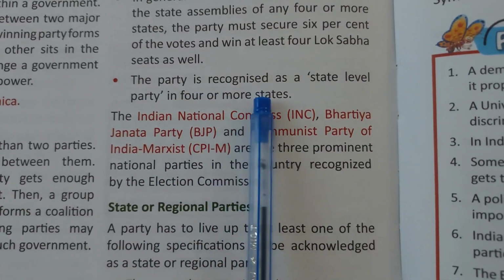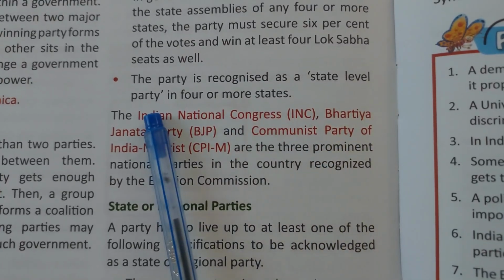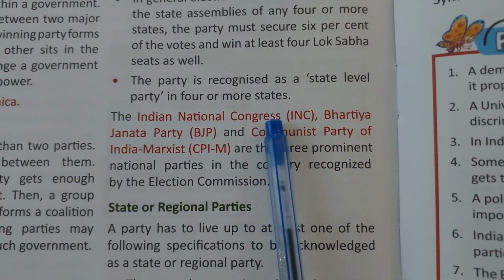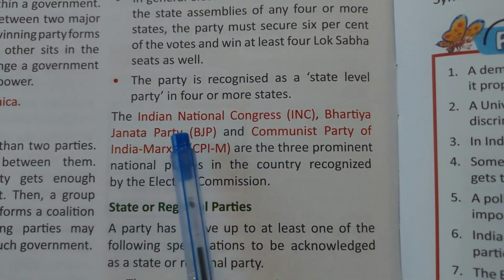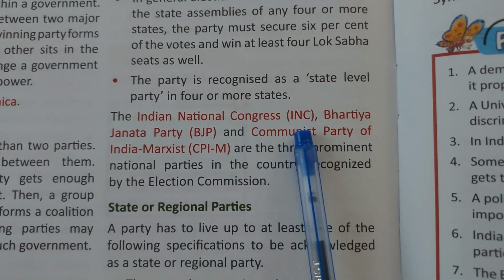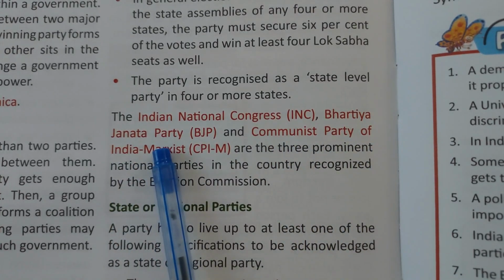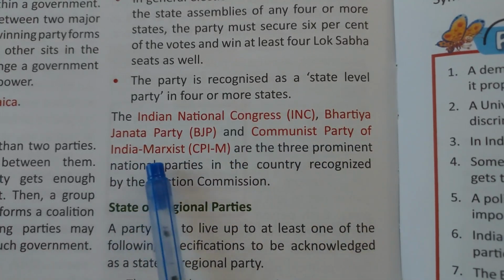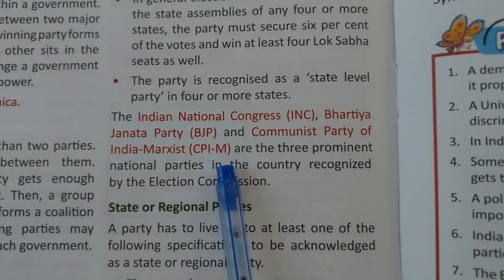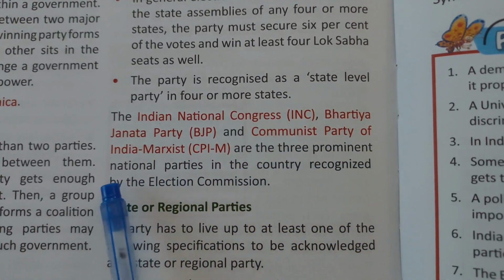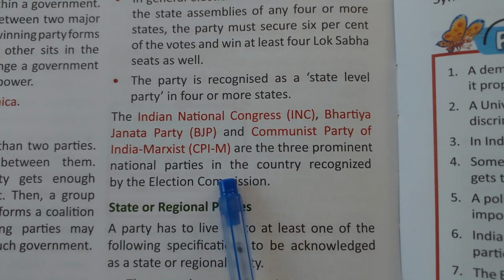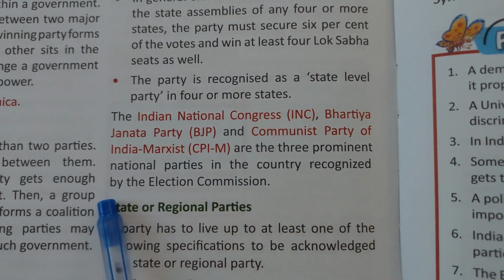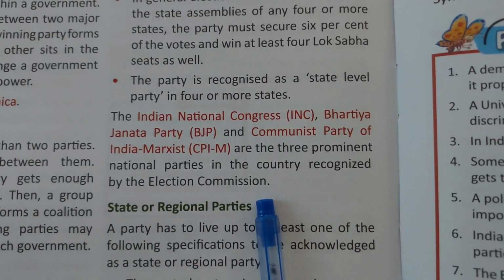The party is recognized as a state-level party in 4 or more states. The Indian National Congress (INC), Bharatiya Janata Party (BJP), and Communist Party of India Marxist (CPIM) are the 3 prominent national parties in the country recognized by the Election Commission.